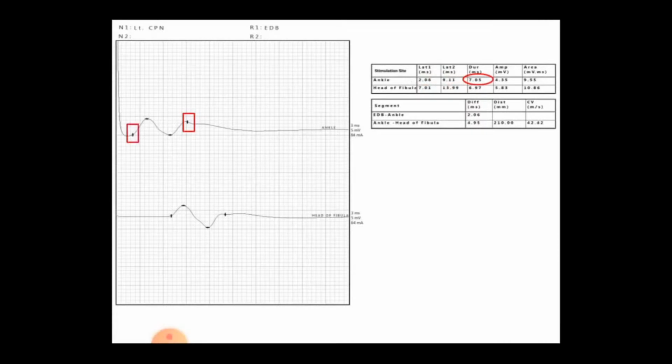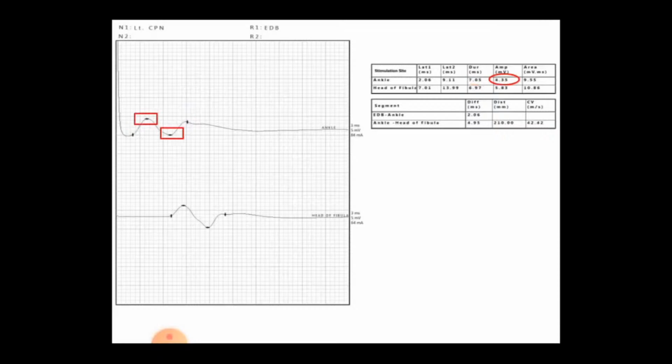Now the difference of these two, latency 1 and latency 2, is the horizontal distance between the two vertical markers. It is 9.11 minus 2.06, which is equal to 7.05. You can see that in this example as duration. So duration is the horizontal distance between two vertical markers in this action potential.